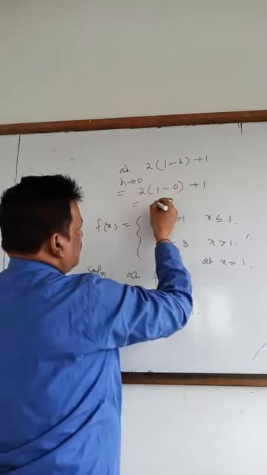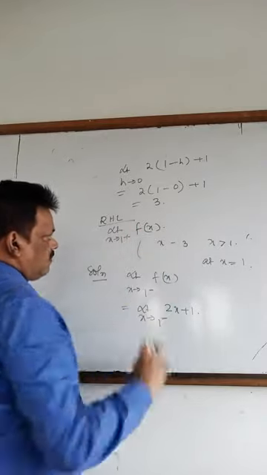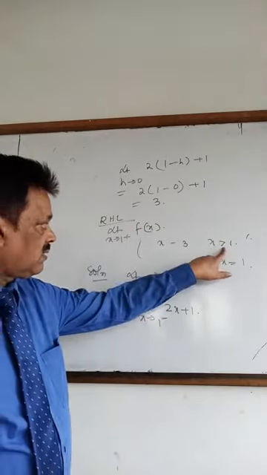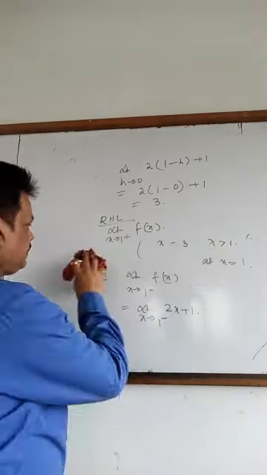Go to right hand limit. Limit x tends to 1 plus f(x). So 1 plus is greater than 1, so this is limit x tends to 1 plus of x minus 3.